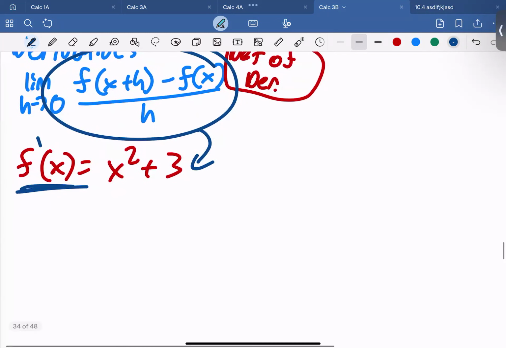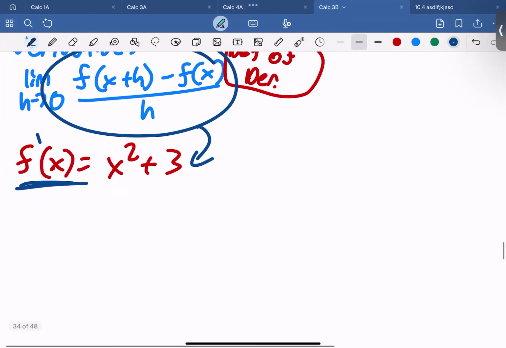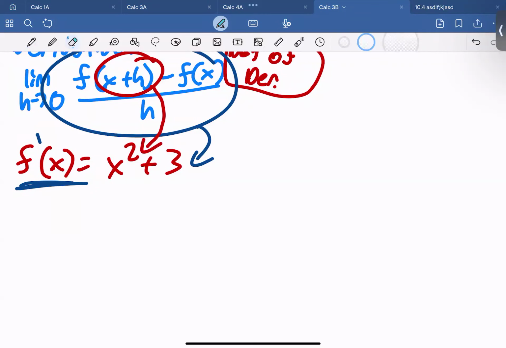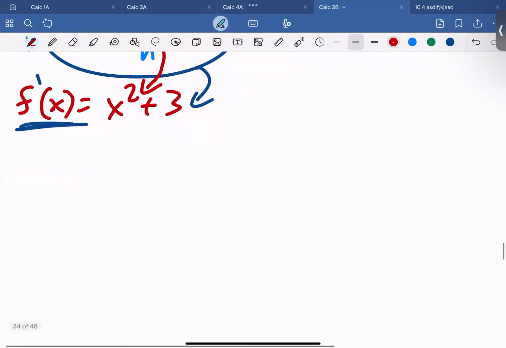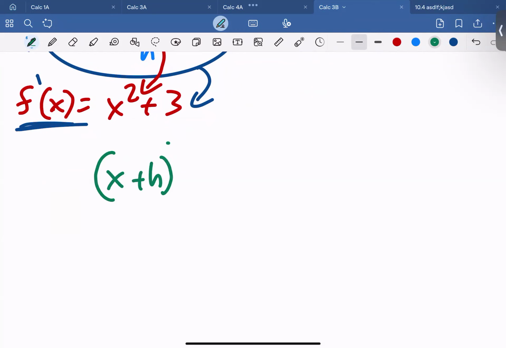So, the definition says f of x plus h. This means I need to take x plus h and plug that in wherever my x is. So I take my function, x plus h, square it because of the square in the function, plus 3.